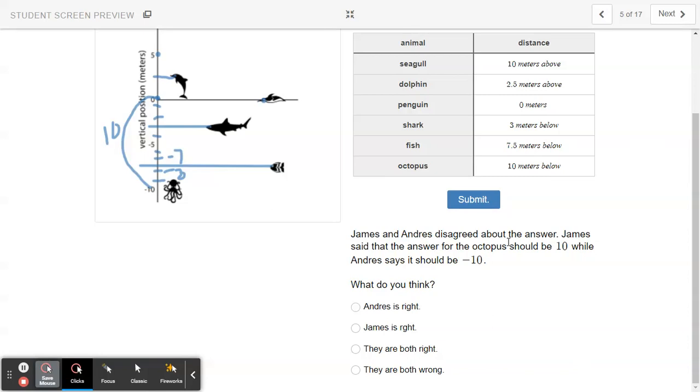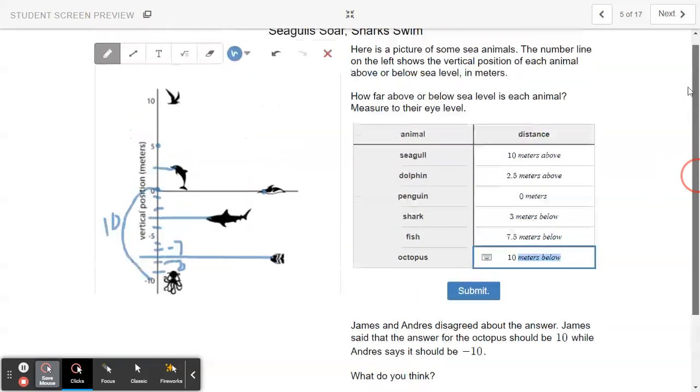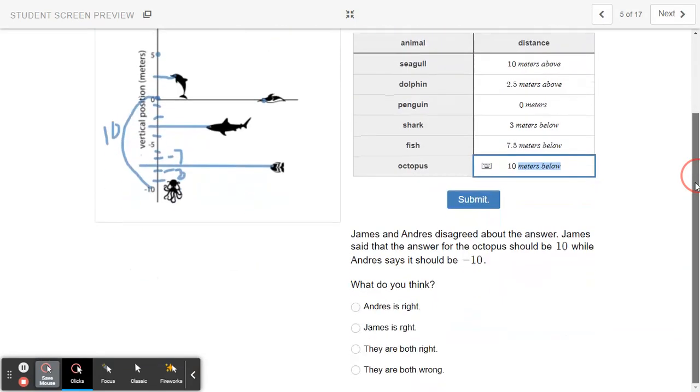However, I can also see the other side where Andre says it should be -10. Well, the negative actually is giving us this information, right? So mathematicians can use a negative sign to show you a position where somebody or something is at. So we just have to understand what negatives mean sometimes.